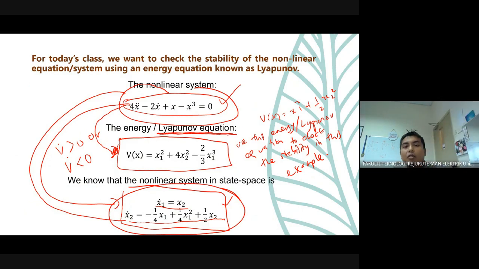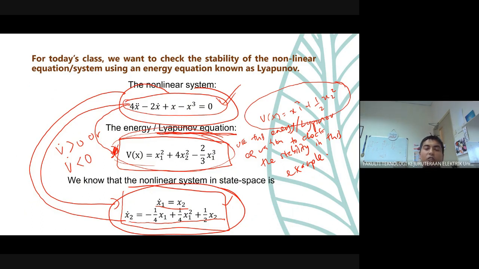The energy equation can be any of many types of energy equation. So this is the first example of the energy equation, and this is the second example of the energy equation. However, in this example, I use this energy equation to determine the stability of this nonlinear system.